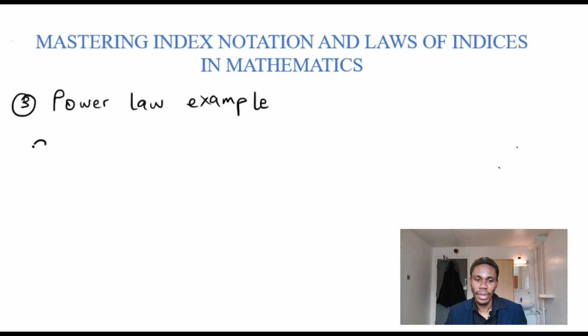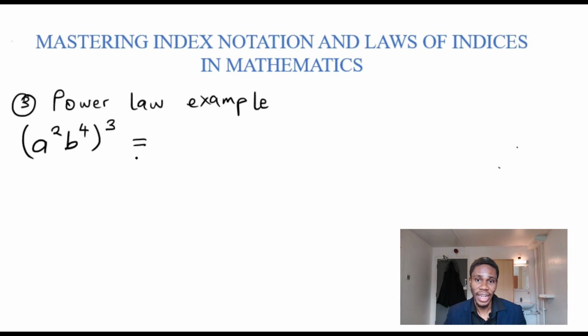Let's take an example. So we have a to the power 2 multiplying b to the power 4, all raised to the power 3. So this is an indice on its own, which has now been given a power. So just like how we define index notation, we are saying that a to the power 2 times b to the power 4 appears 3 number of times.